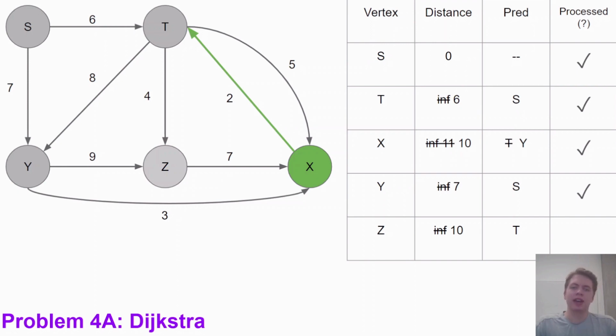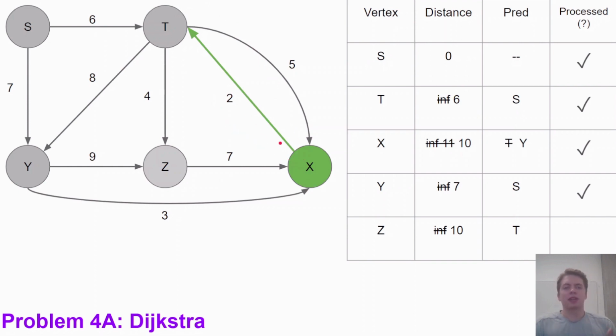So now we move on to X and mark it as processed. There's a single edge going from X, and that's the edge from X to T with cost 2. Well, what is the cost of the path that would be a result of going from X to T? That would be the cost of X, which is 10, plus the weight of this edge from X to T, which is 2.